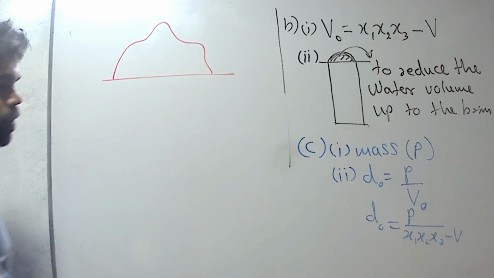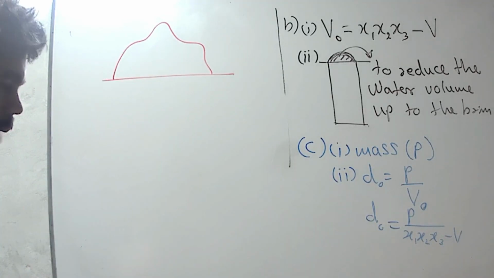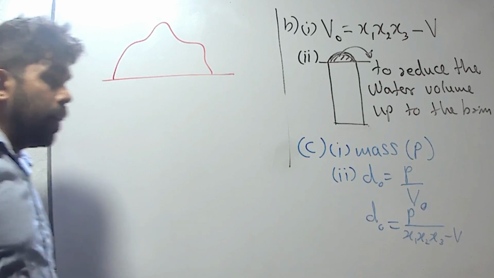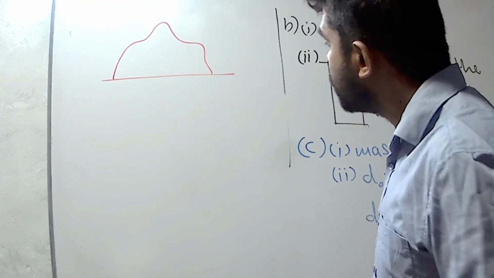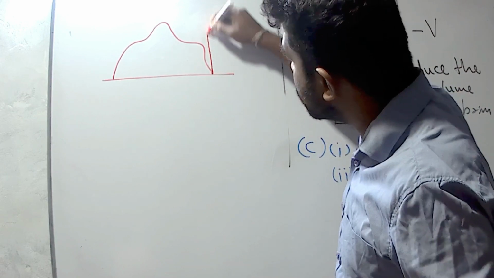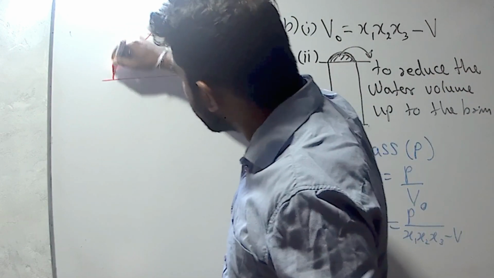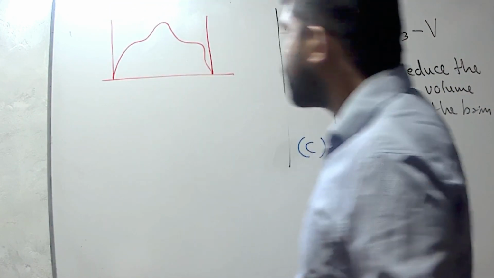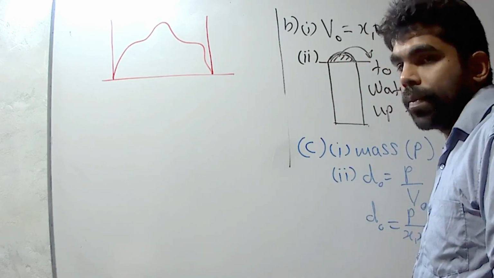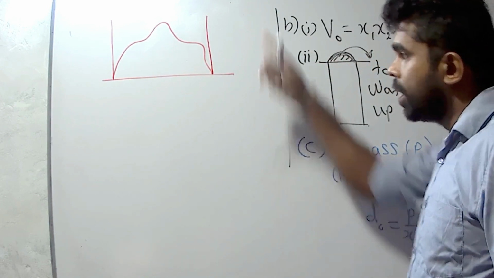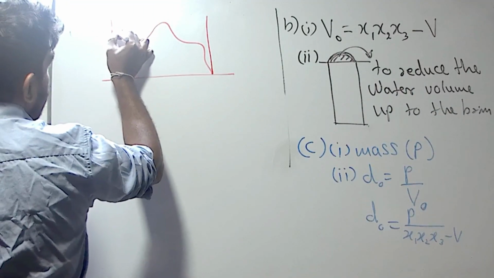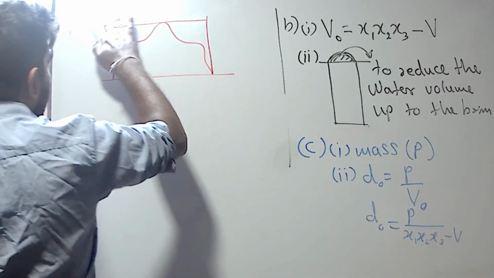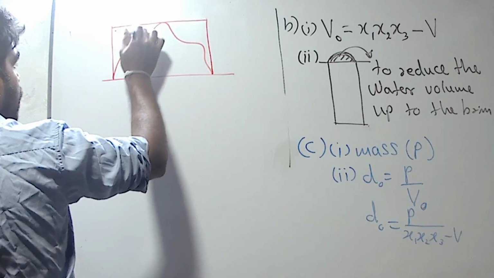Now there is a huge rock like this on flat ground. We have to use the same method, but we are using sand, not water, for this procedure. Then we have to construct a wooden container around the rock like this, and we have to fill the remaining part of the container with sand.